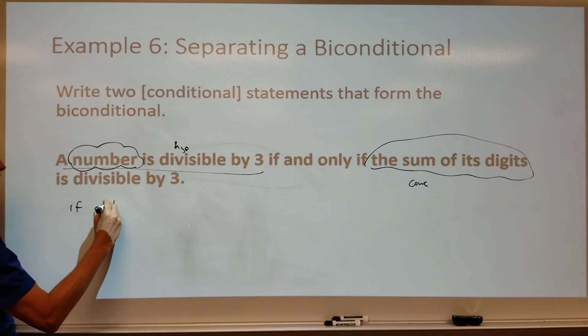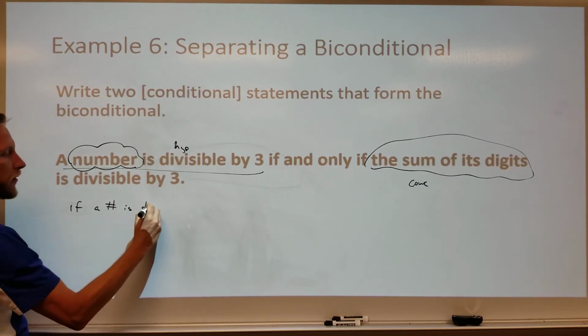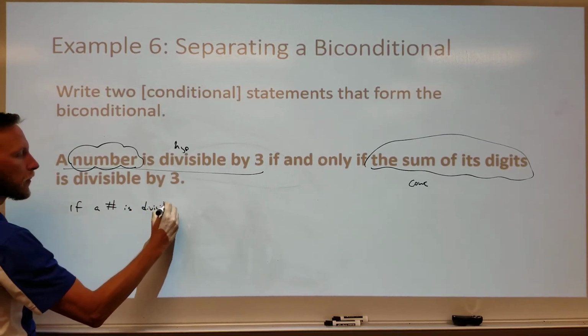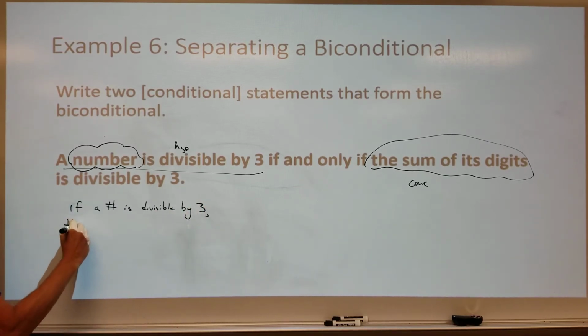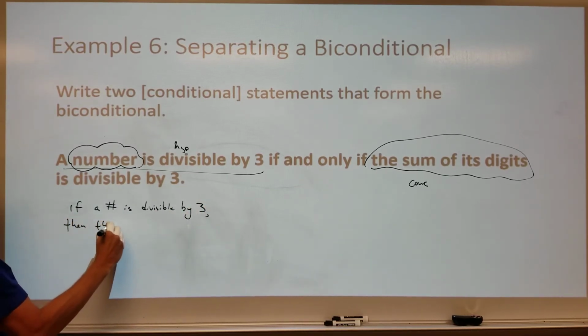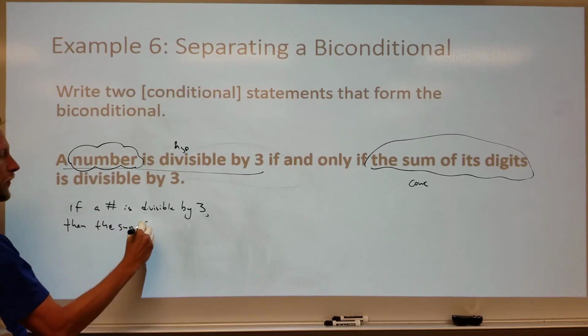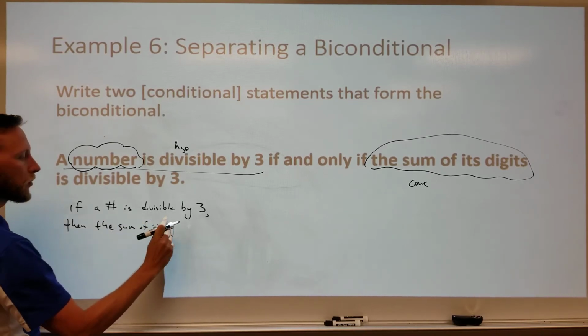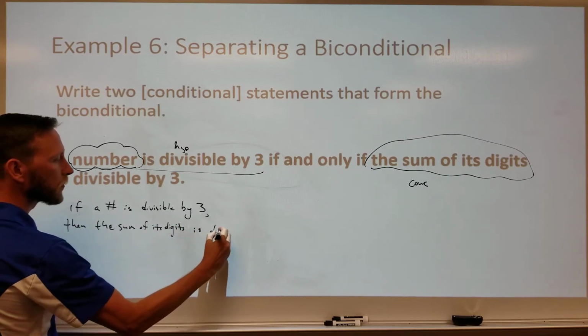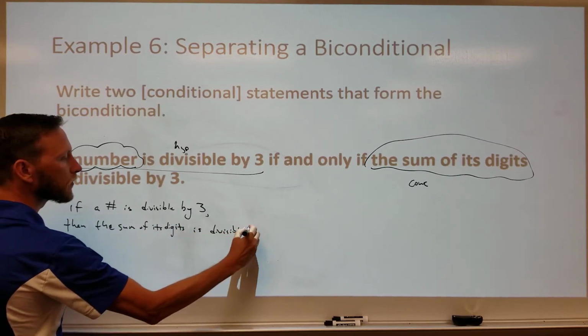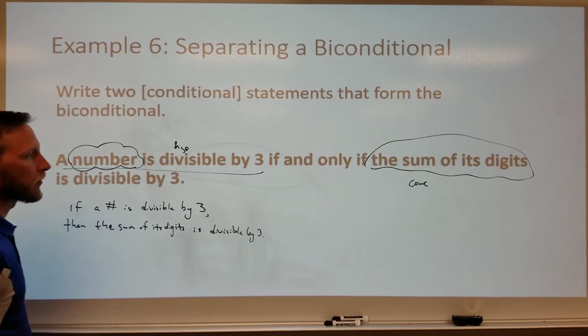If a number is divisible by 3, then the sum of its digits is also divisible by 3. All right, this is true.